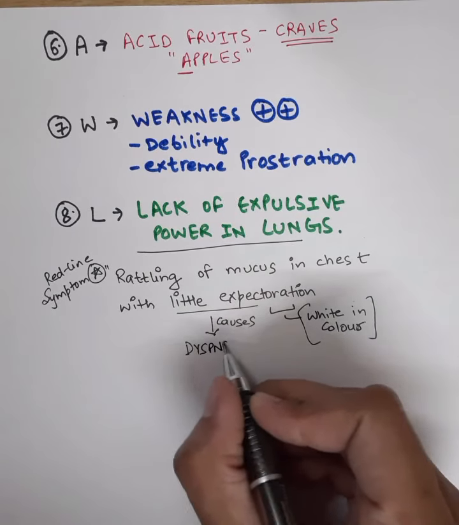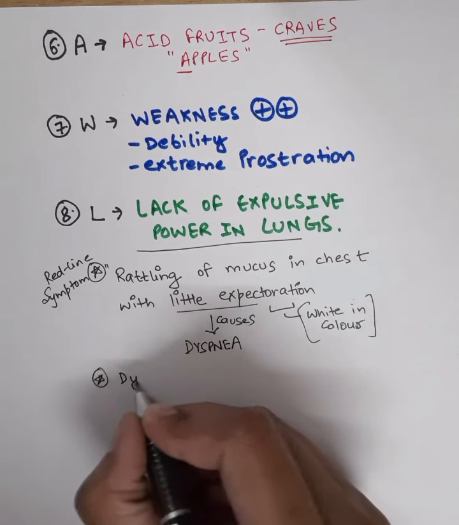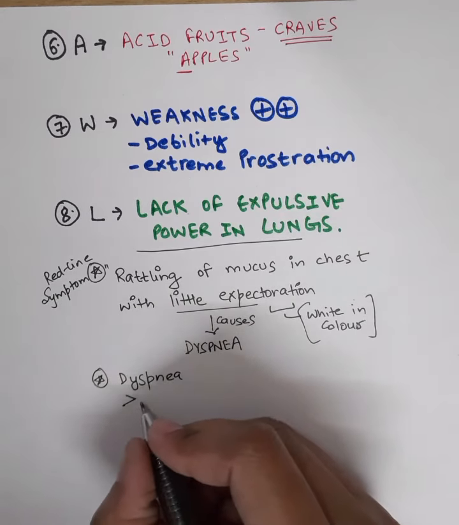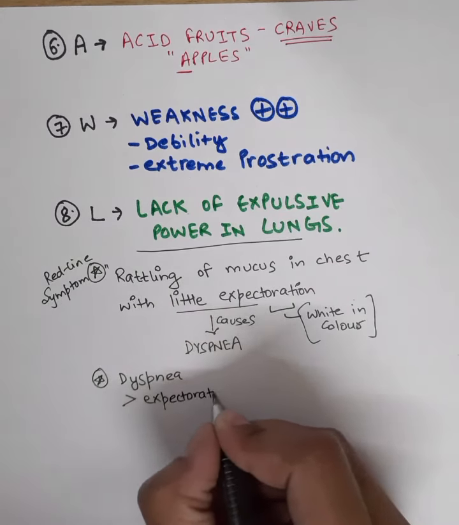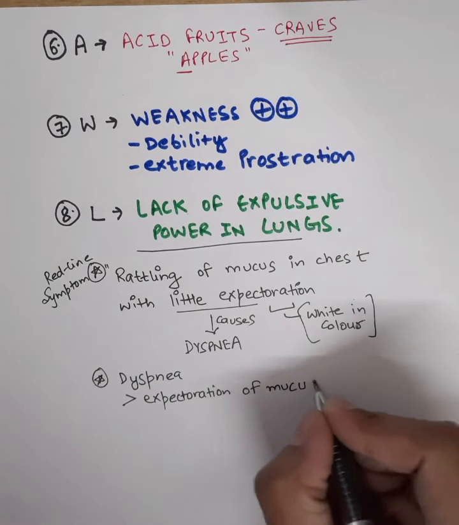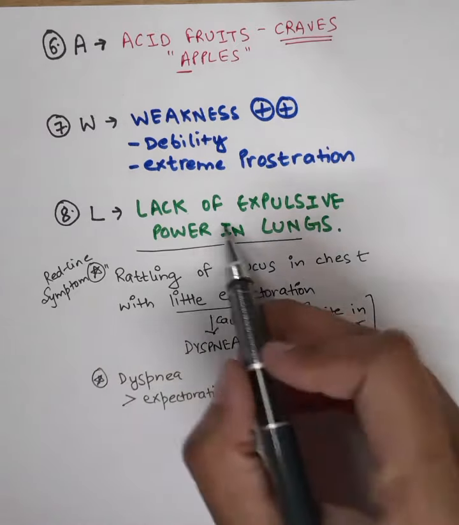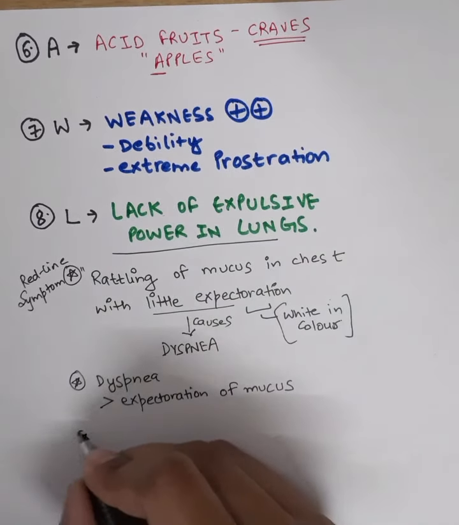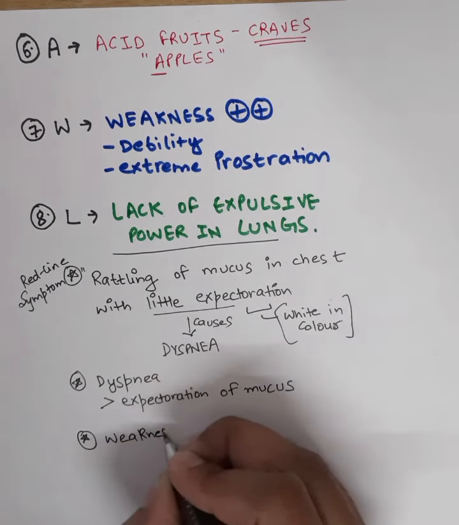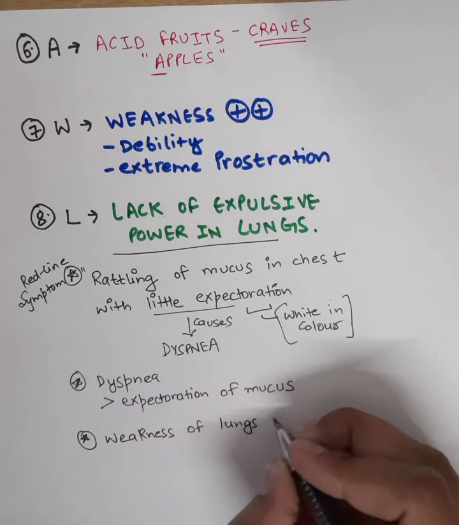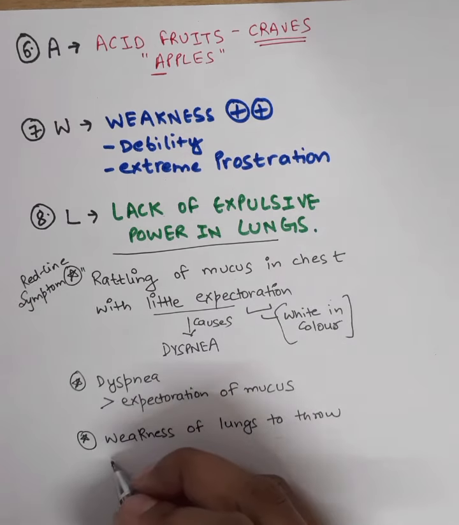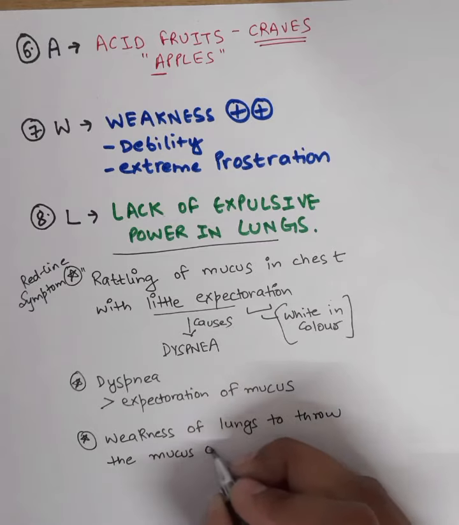This also causes dyspnea, and the mucus is white in color. Dyspnea ameliorates by expectoration of mucus. Another symptom is weakness of lungs to throw out the mucus.